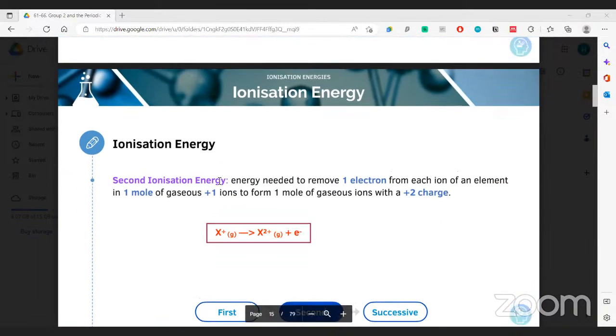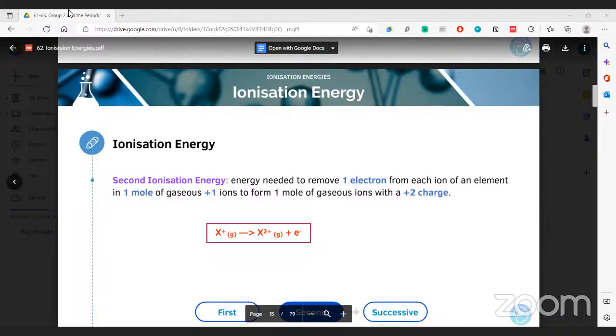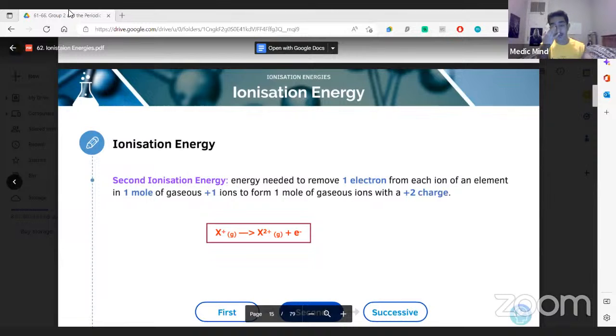The second ionization energy, therefore, I'm not going to pause here because it's very logical and self-explanatory, is the energy needed to remove one electron from each ion of an element in 1 mole of gaseous +1 ions to form 1 mole of gaseous +2 ions. Makes sense?